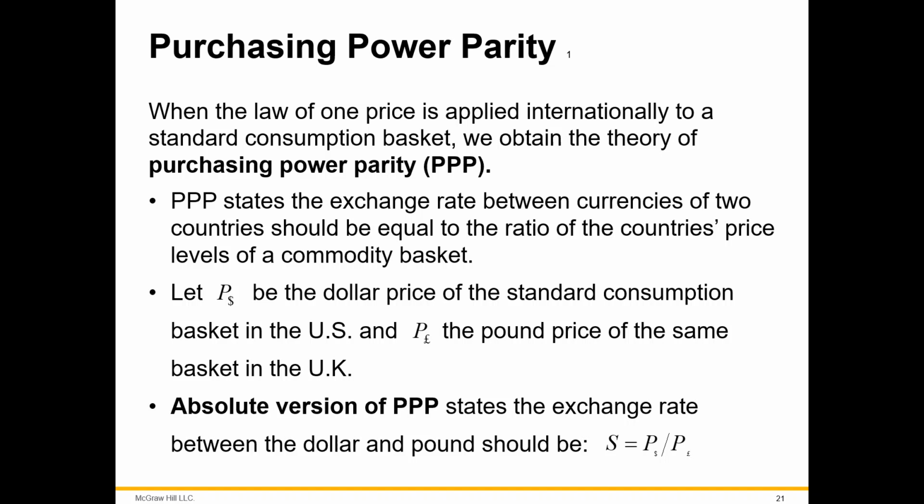Now, it doesn't really work exactly like that. There are local differences in how expensive things are, but in general, there is some pressure to make those exchange rates line up.